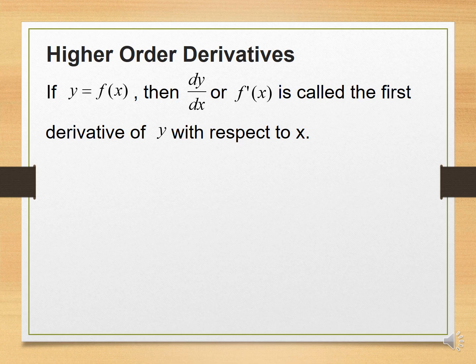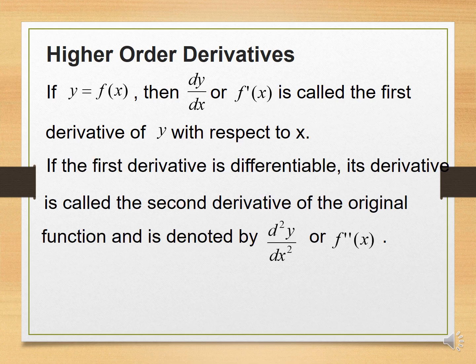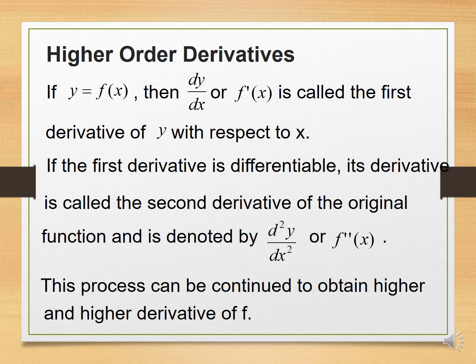This is what we have discussed before. If the first derivative is differentiable, its derivative is called the second derivative of the original function and is denoted by d2y/dx squared or f double prime x. This process can be continued to obtain higher and higher derivatives of f.